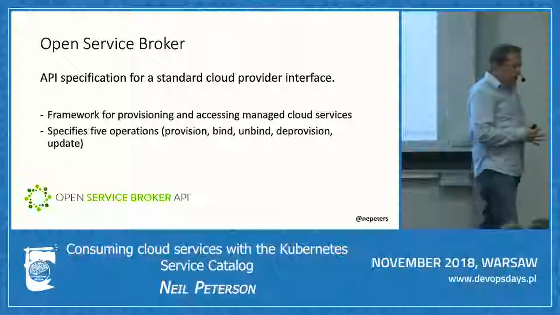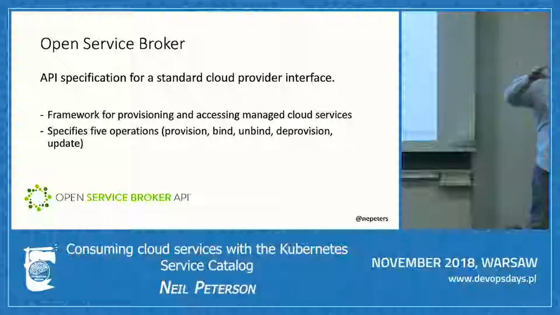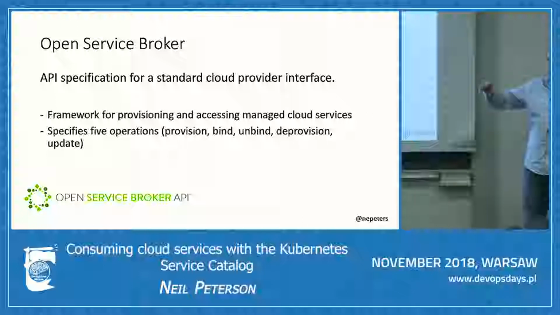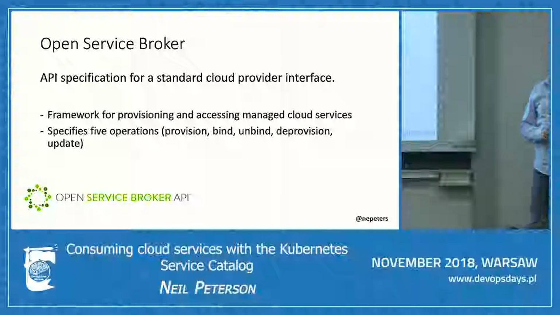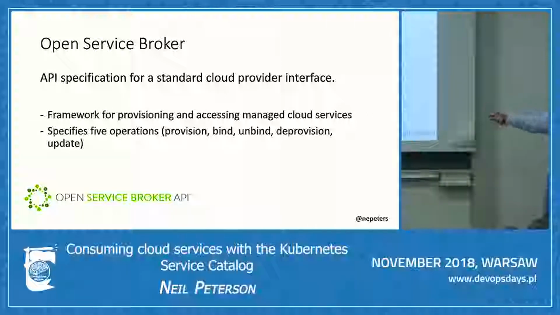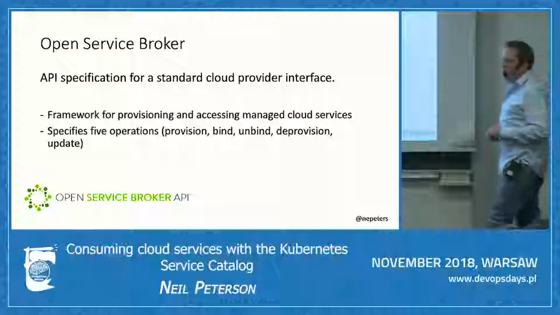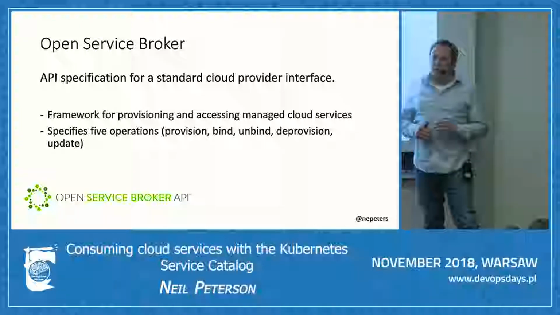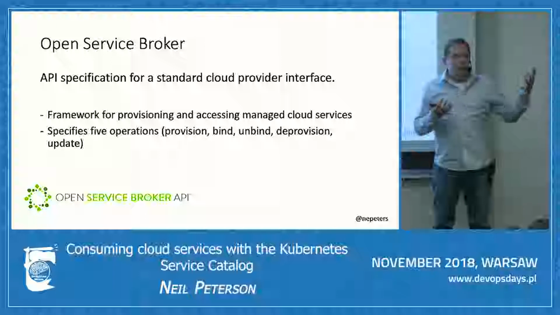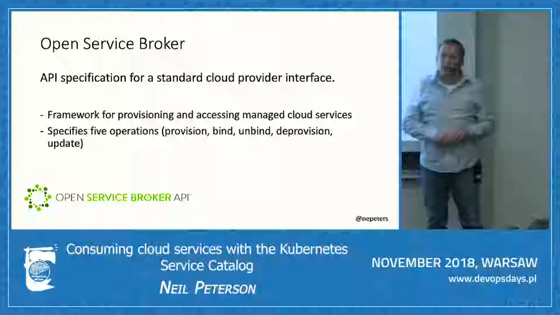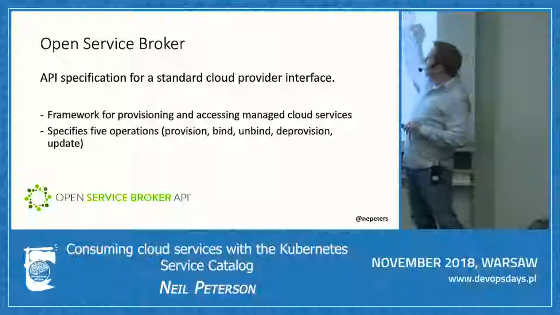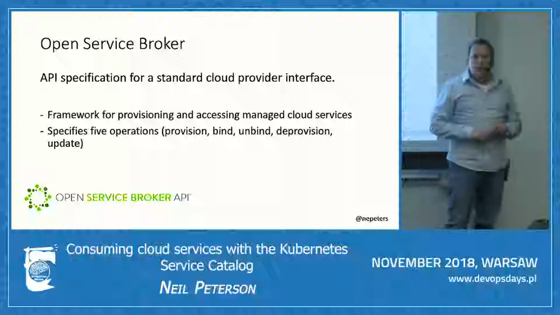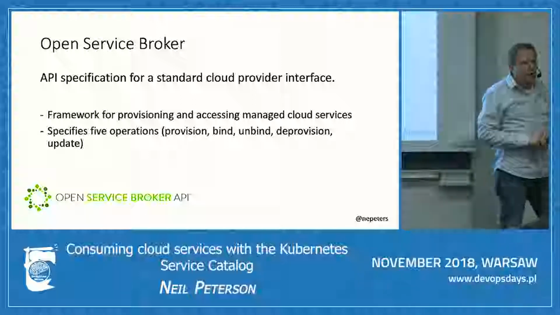And if you've written an API for your cloud provider, whether that's Azure, AWS, or even your own custom thing, if you write an API that matches the Open Service Broker specification, then we can use other tools with that API to provision, bind, unbind, deprovision, and update solutions or services within that cloud provider.